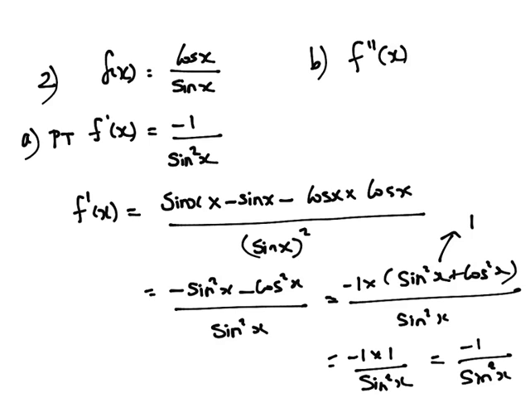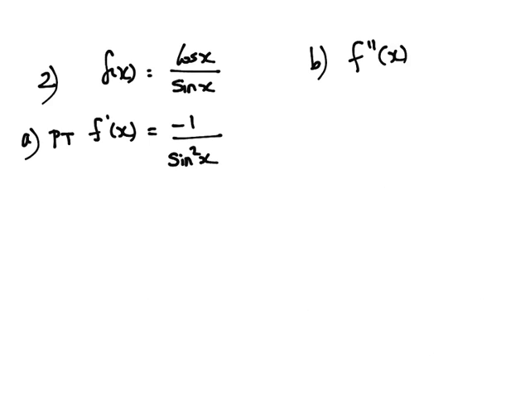Okay, so let us find f double dash of x. So f double dash of x is, again let me use the quotient rule. So sin square x multiplied with the derivative of numerator, which is 0, minus numerator, which is minus 1, multiplied with derivative of denominator.